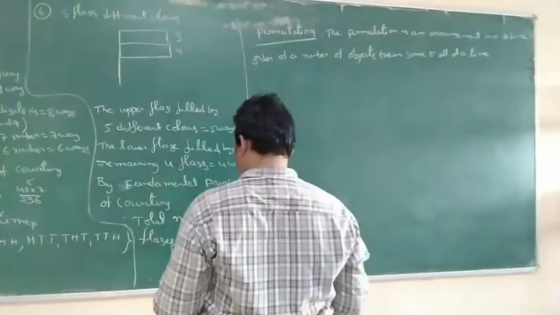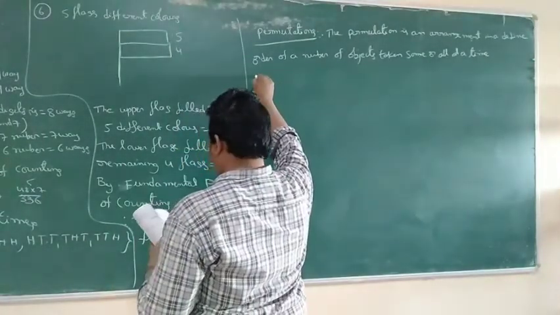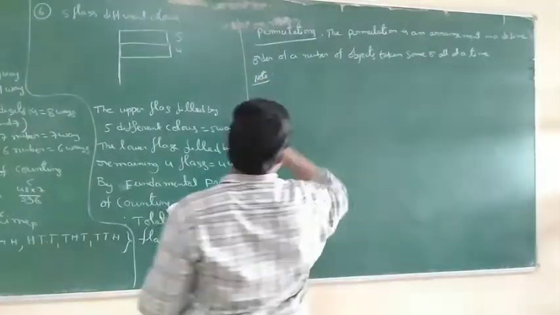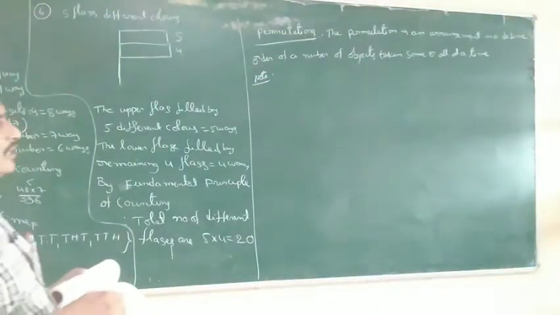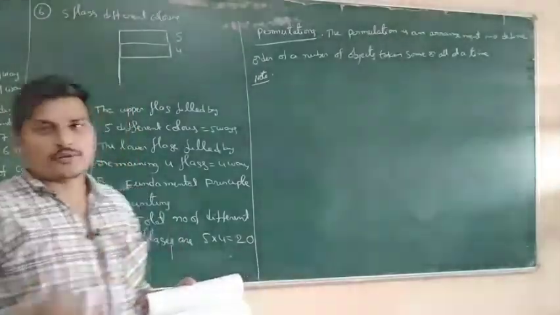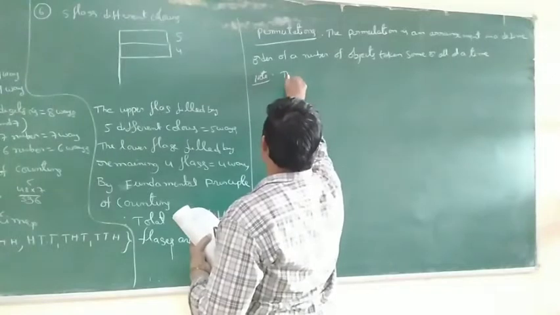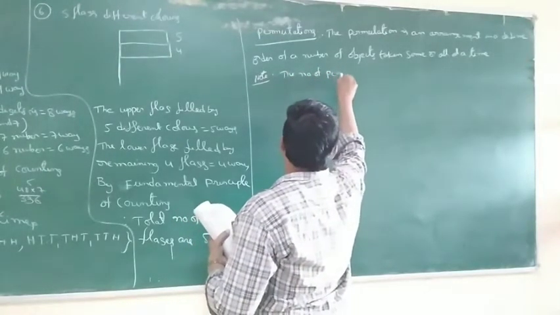So now the formula in permutation. Arrangements are of two types: repetition is not allowed, and repetition is allowed. So first, repetition is not allowed.